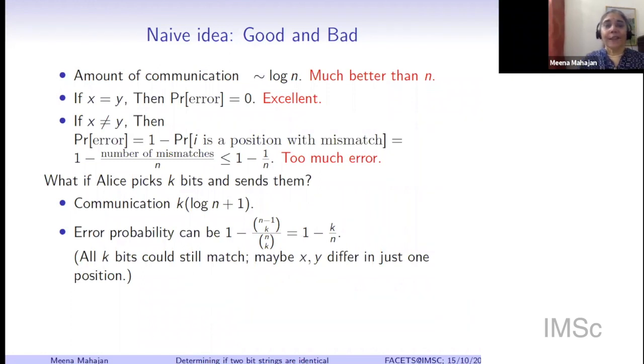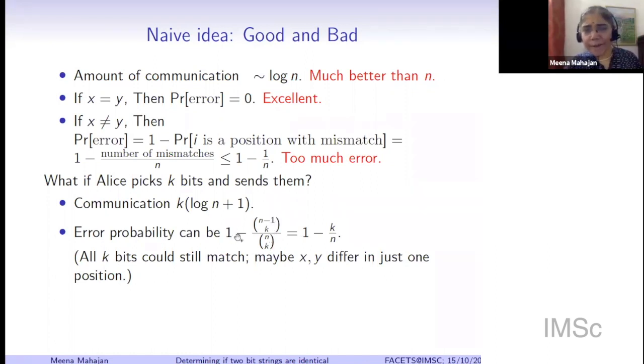So maybe they differed in just one position, X and Y. If Alice picks all the k positions from the matching positions, then you will not find that there is a mismatch. So all the k bits could still match. You could choose k positions from the matching positions.